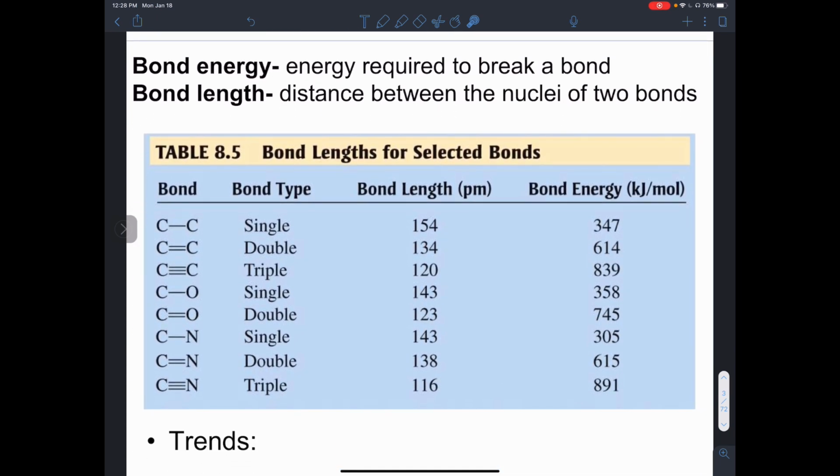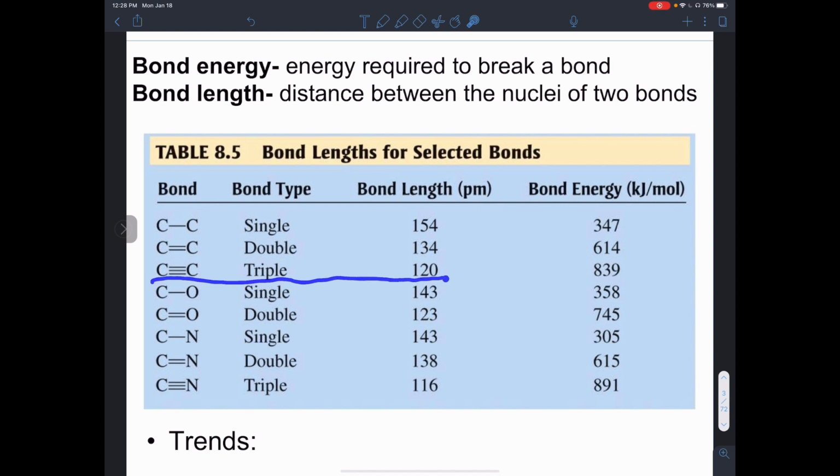Here's actually an example of some bond lengths for certain bonds. And we want to see if we can see any trends here. We've got a single, double, and triple bond for carbon. And then we've got some other combinations that are in singles, doubles, and triples as well. But let's start by comparing three things that are all made of the exact same atom. They're all carbon-carbon combinations.